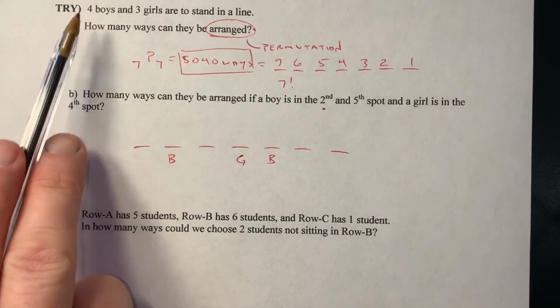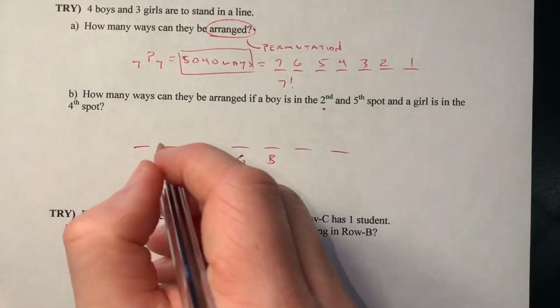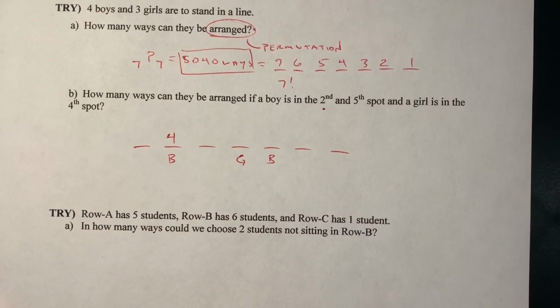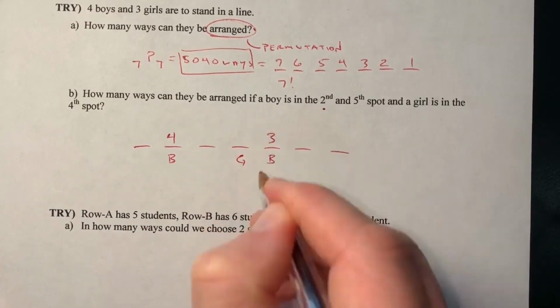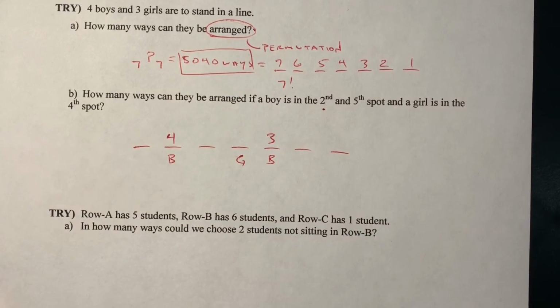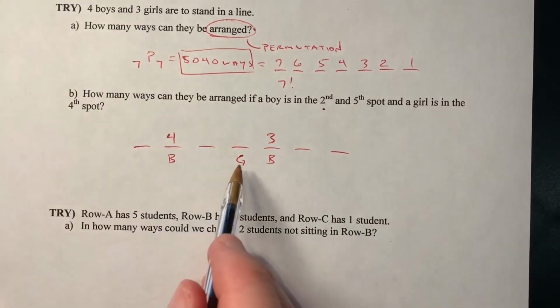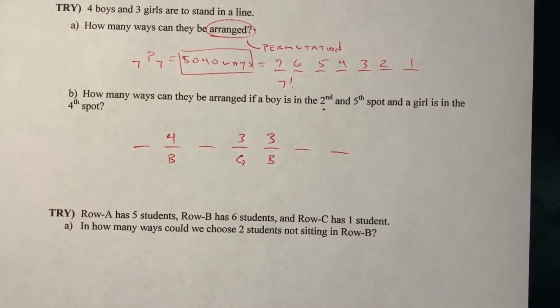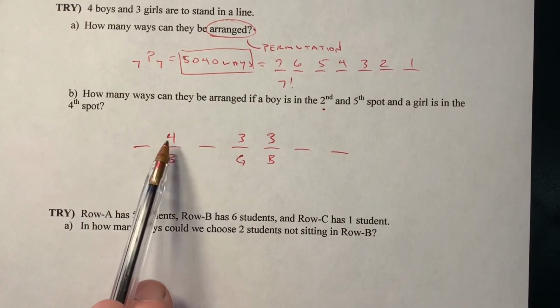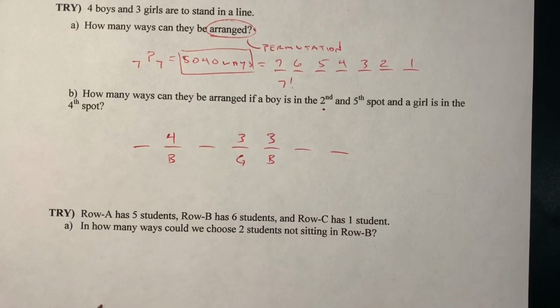There are 4 boys, so for this first boy spot, I have 4 options. Now that I've placed a boy, for this second boy spot, I only have 3 options. There are 3 girls, so for this spot with a girl, I have 3 options. At this point, I have placed 3 students.